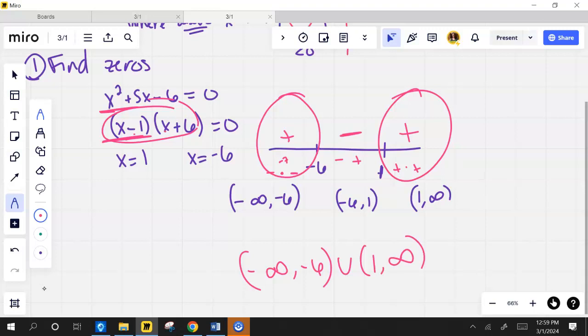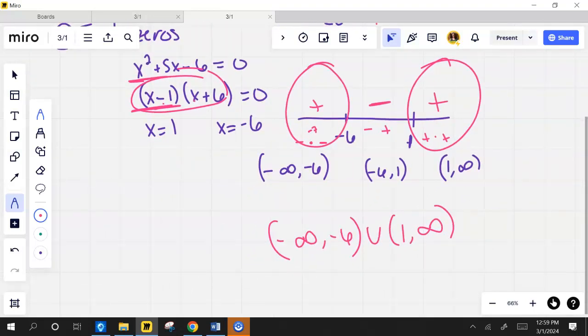Okay. Now, this obviously gets harder, because this was a quadratic, it only had 2 zeros, and it was easily factorable. But what if it's a polynomial and it's not easy to factor? PRZs come into play. I might have to use the quadratic formula.